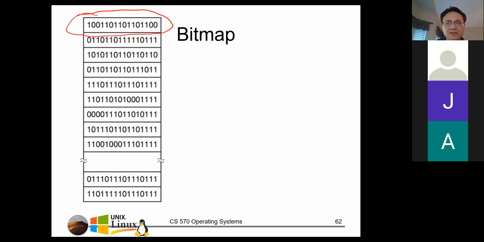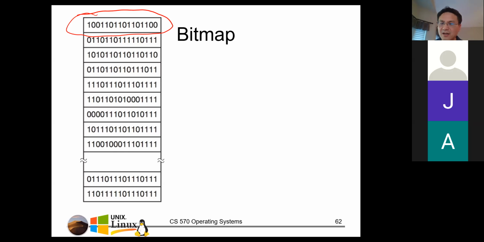So each word here represents how many blocks? 32 blocks, right? Usually in a 32-bit system, you have 1 word with 32 bits, and that 1 word would represent 32 blocks. And for a 64-bit system, the word size would be 8 bytes, that would be 64 bits. So each word in a 64-bit system would represent 64 blocks.